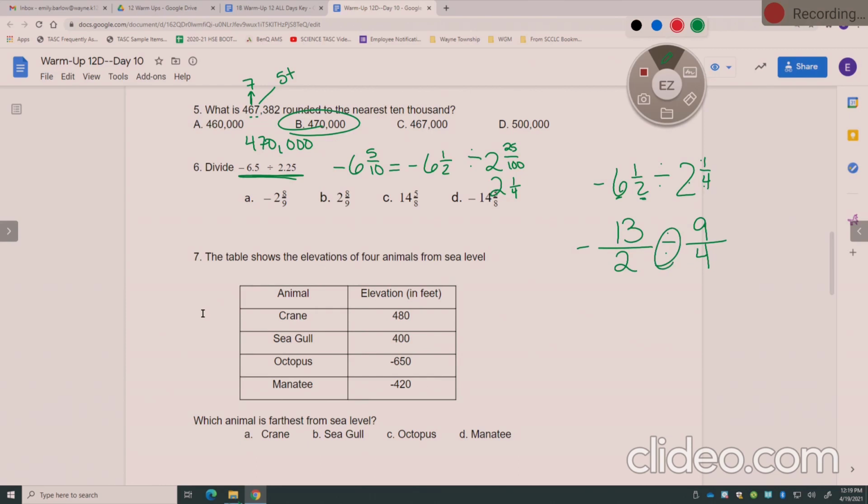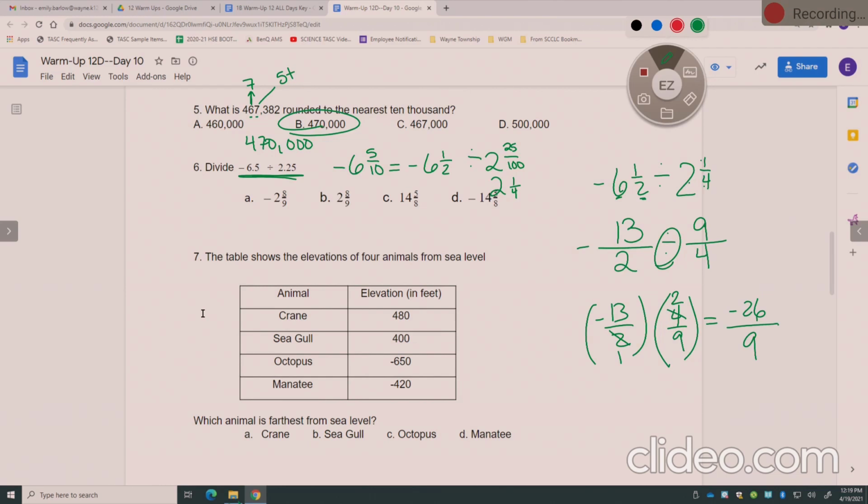If I'm dividing a fraction, it's the same thing as multiplying by its reciprocal. So if I'm going to multiply, I notice that I can take a 2 out of these. I can reduce. So now I have negative 13 times 2 would be negative 26 over 1 times 9, which is 9.